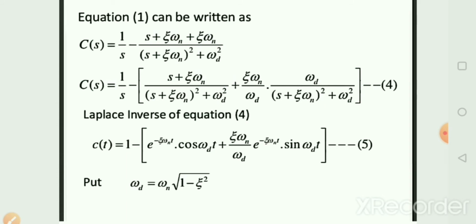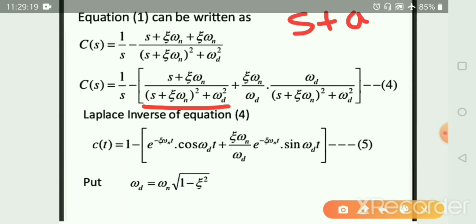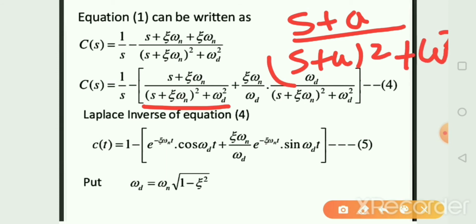Now it is the term to which we can easily apply the inverse Laplace. Here if we compare these terms, it is like (s + a) over (s + a)² + ω².